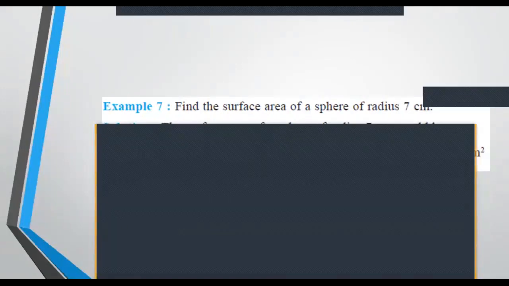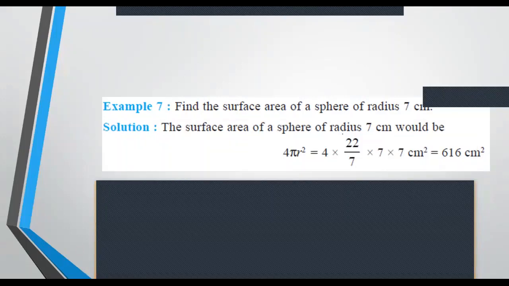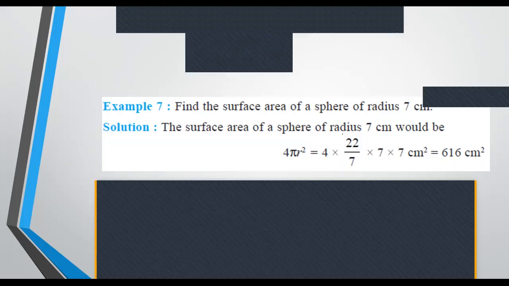Ma'am, 88 centimeter square. What is the answer? 616 centimeter square. How did you get 88? It should be 88 into 7, instead of doing pi r square, we just did into 7. Okay. Perfect.